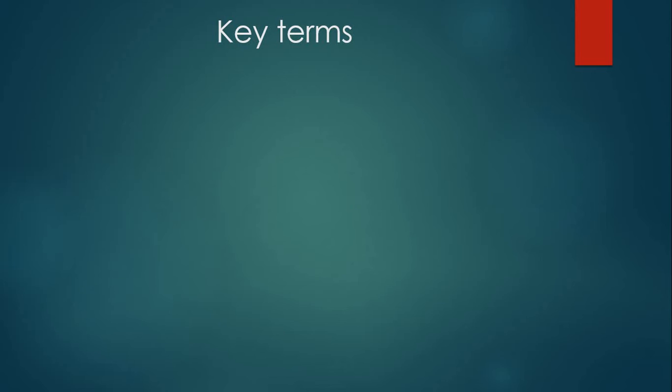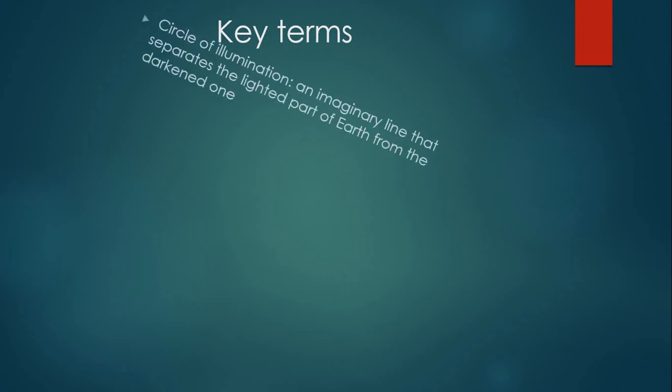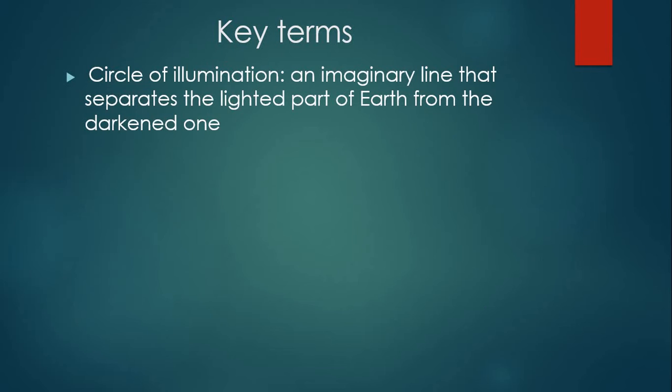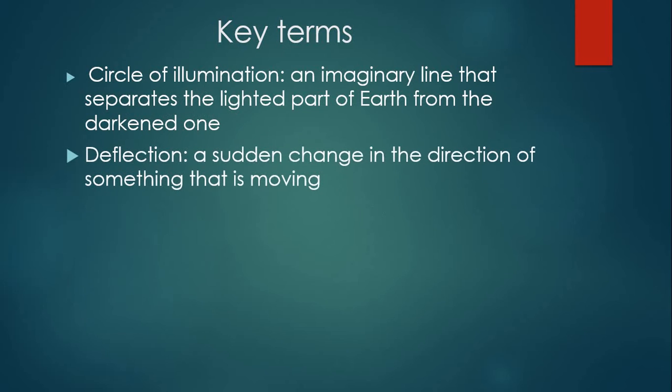There are certain key terms which you should remember. The circle of illumination. It is an imaginary line that separates the lighted part of the earth from the darkened one. Deflection. It is a sudden change in the direction of something that is moving.